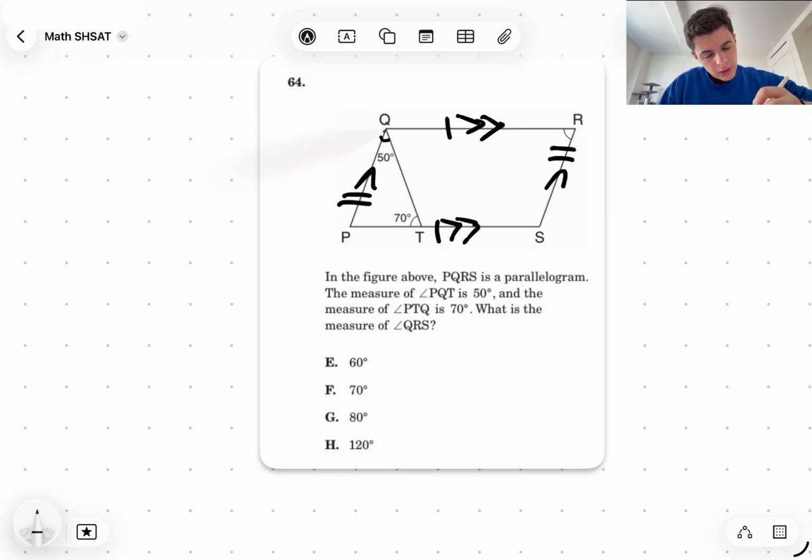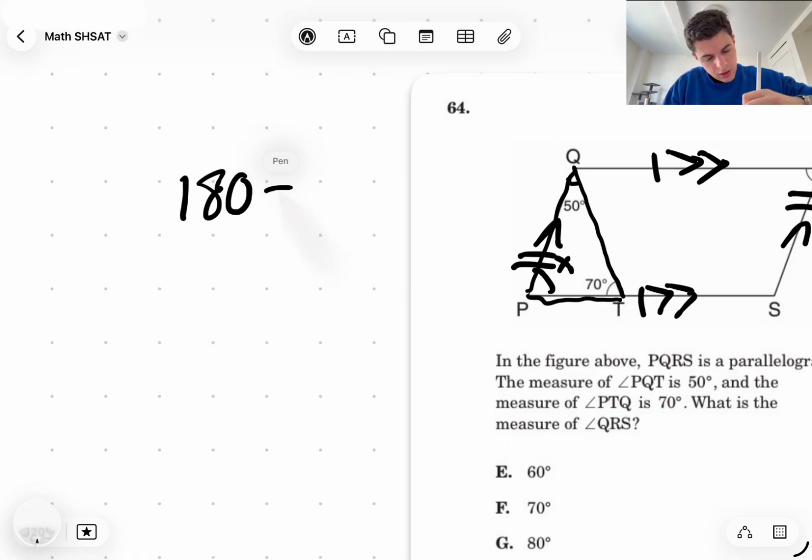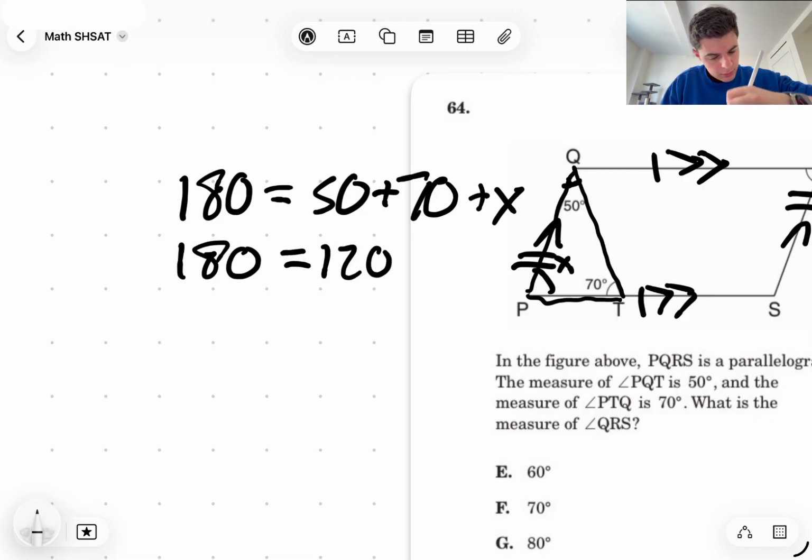Well, the first thing I see here is that they've clearly given us a triangle. What do we know about triangles? We know that all three angles add up to 180. So we can call this angle X. So 180 has to equal 50 degrees plus 70 plus X. So now we know 180 equals 120 plus X. Now we can subtract 120, so X equals 60.